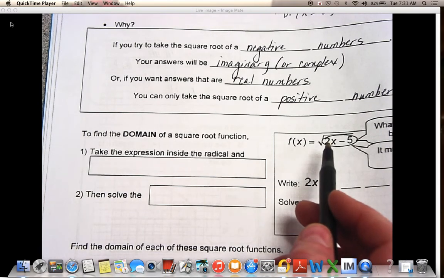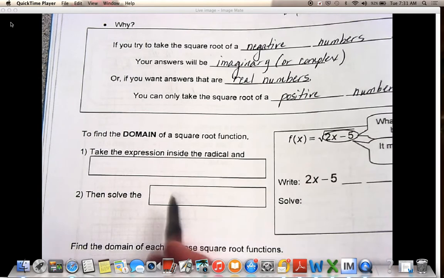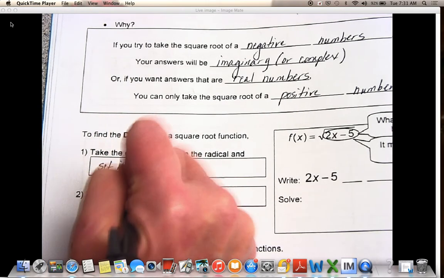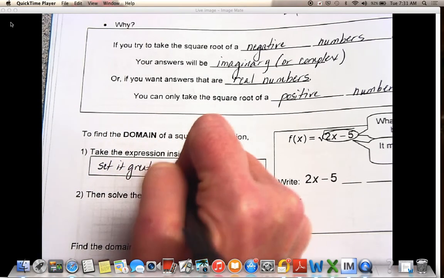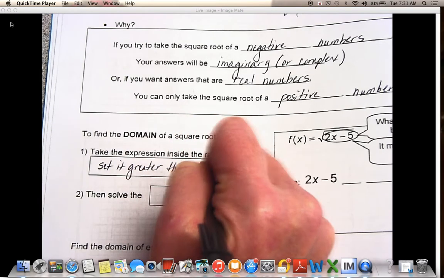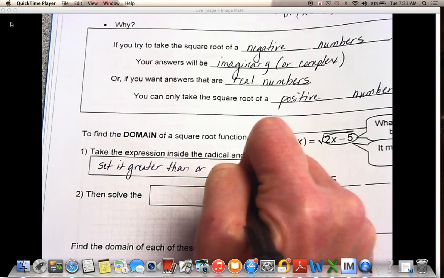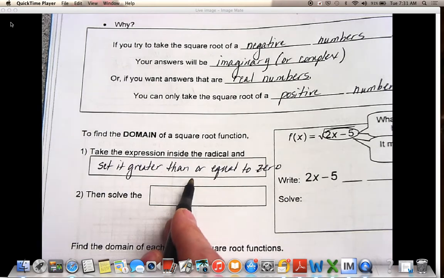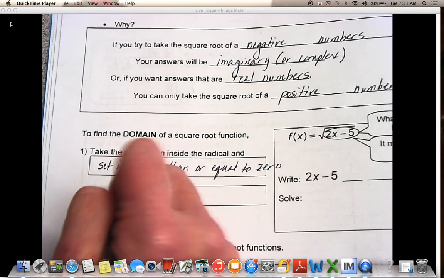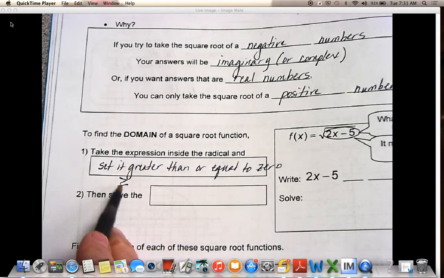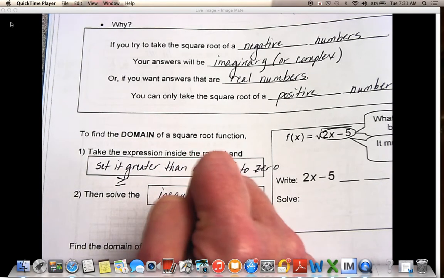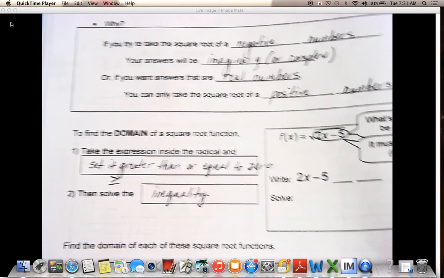You're only going to take what's inside or underneath the radical, and you're going to set it greater than or equal to 0. Of course, that notation would look like this: greater than or equal to 0. Once you have done that, you're going to solve your inequality. And what you have solved for will be your domain.